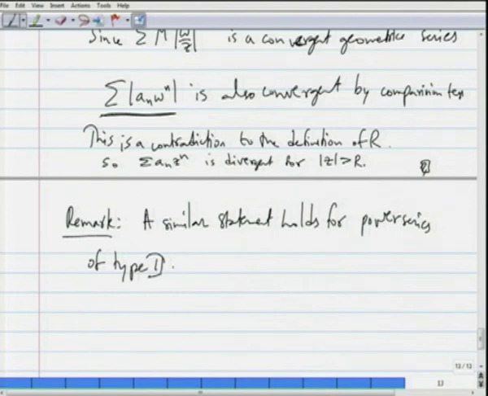What I mean by that is, there is a disk of radius R around the point a, inside of which the power series of type 2 converges, and outside of which the power series of type 2 diverges. So, that is the statement in the case of power series of type 2. So, we will conclude this session here.